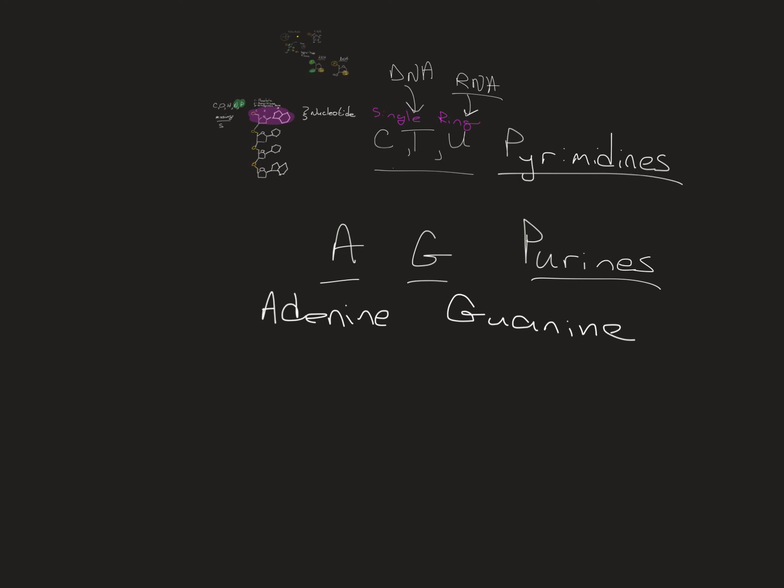Yes? So, does this have to do with the fact that C and G are double bonds? Yes. The reason that C and G do triple bonds and A and T do double bonds is because of how many available hydrogen bonding spots they have.